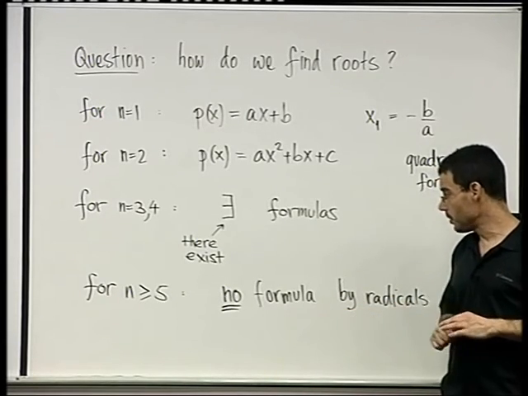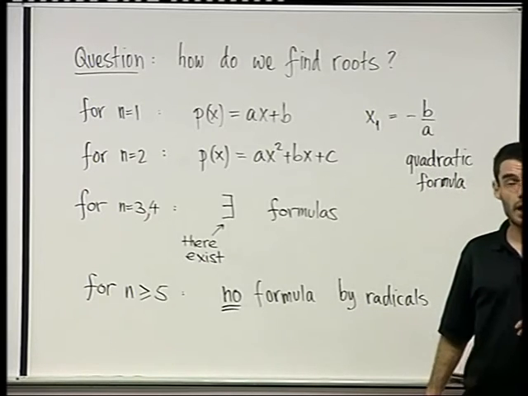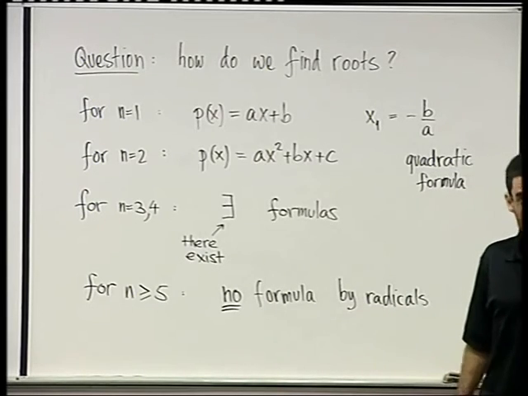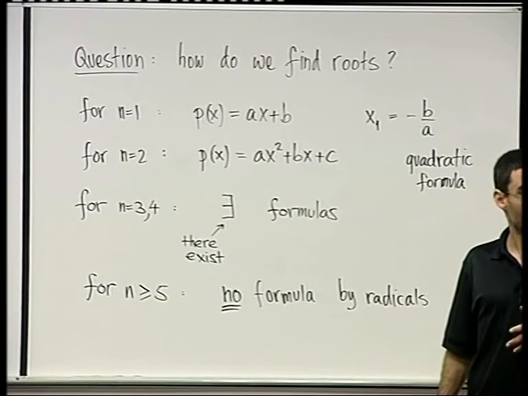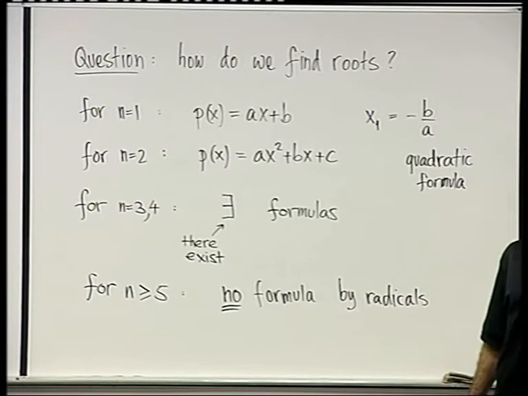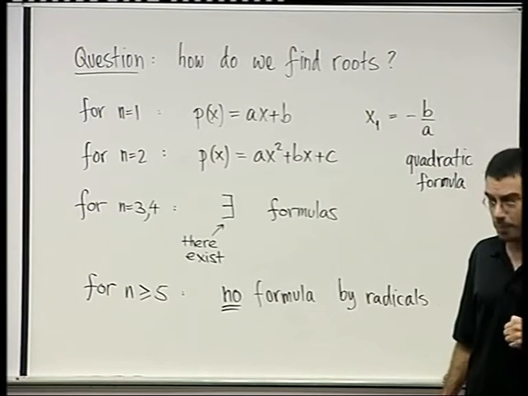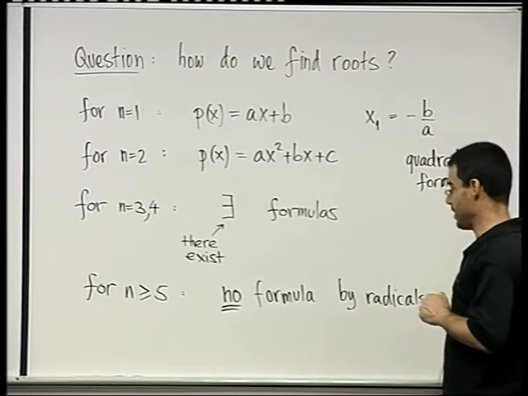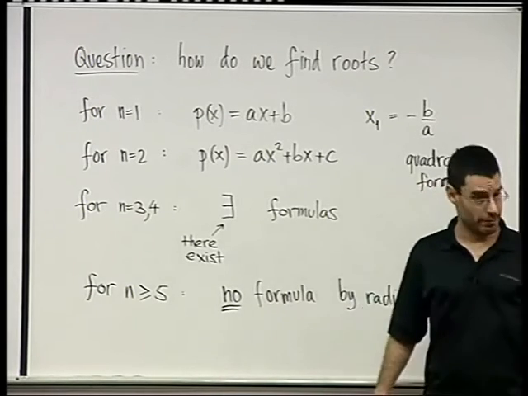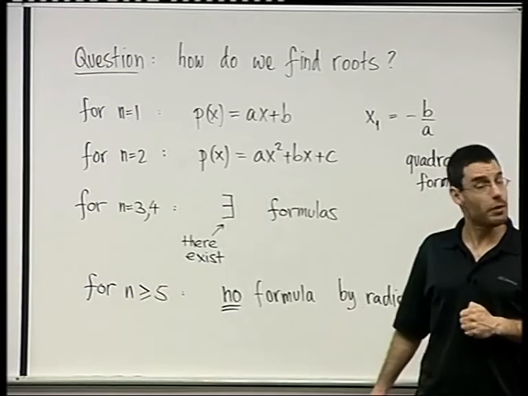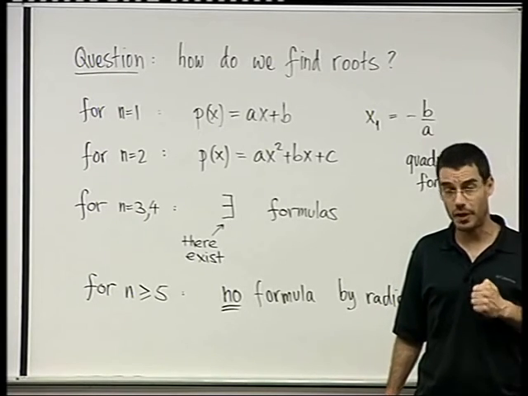And the people that are responsible for it are a Norwegian mathematician named Niels Henrik Abel. For him, we have the name of Abelian group, if you remember. And the other mathematician was Évariste Galois, a French mathematician. Both have very interesting life stories. Both died very, very young.